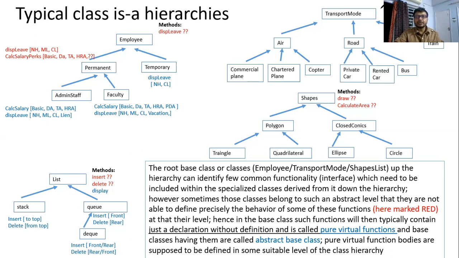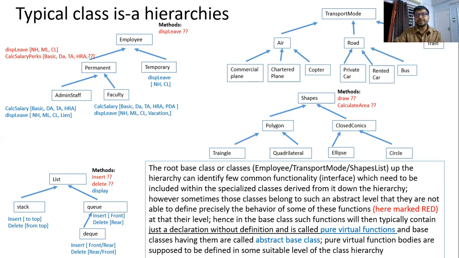So here, no matter what mode of transport you choose, air, road, or train, and a specific air travel mode or road travel mode, irrespective of whatever you do, these three are more or less common that we expect to be there.